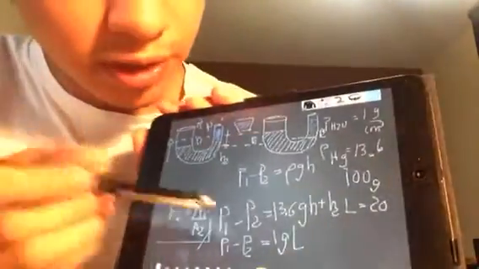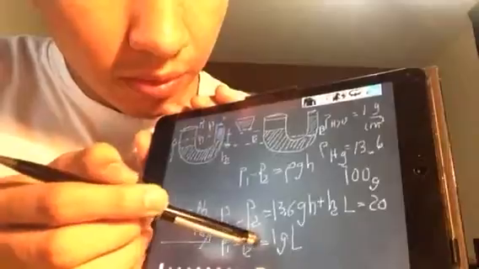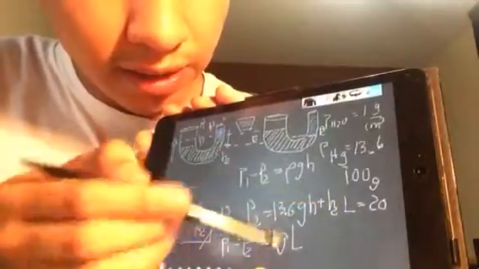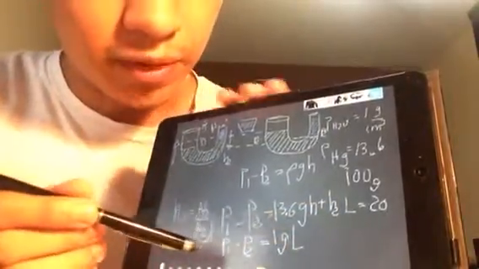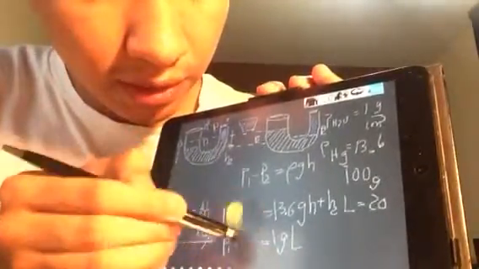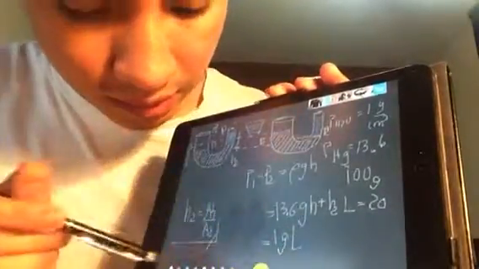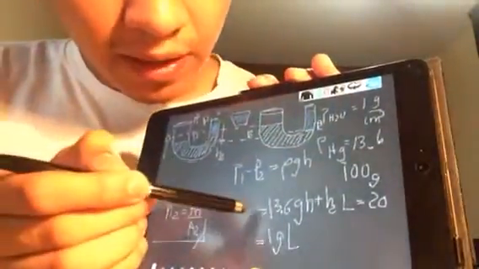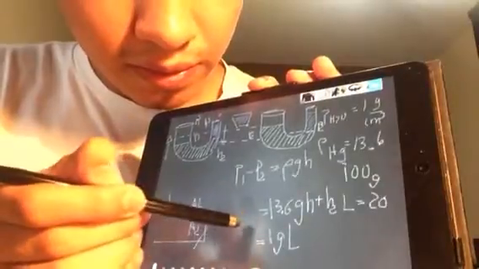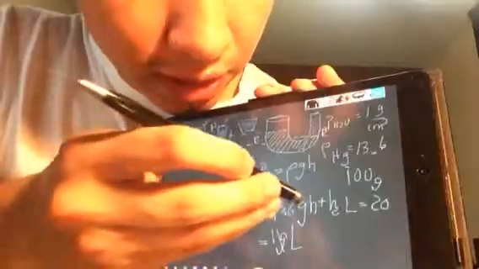We're going to work with these formulas, and if this is equal to this, we can solve for our h.